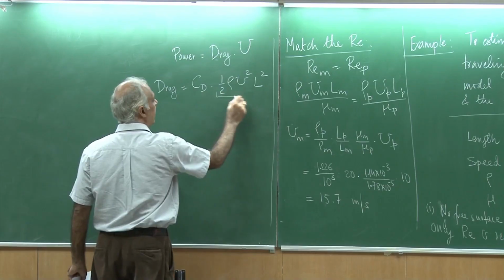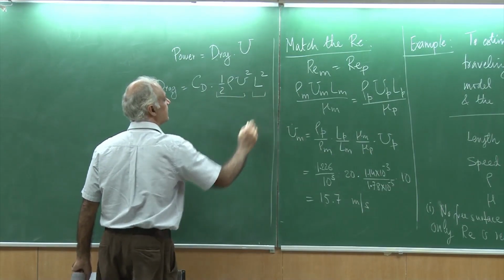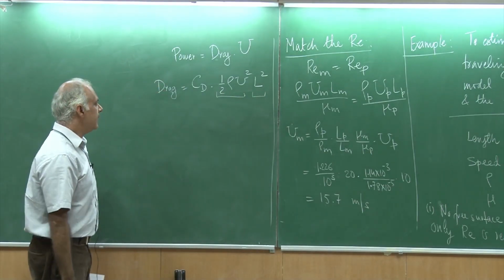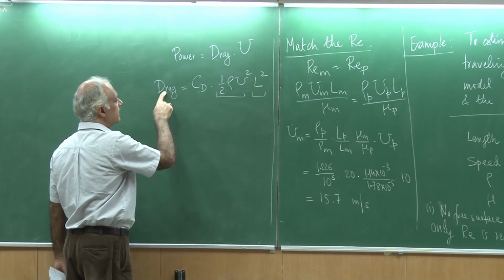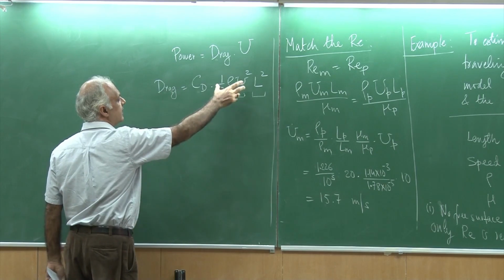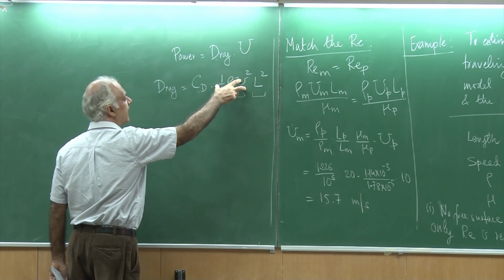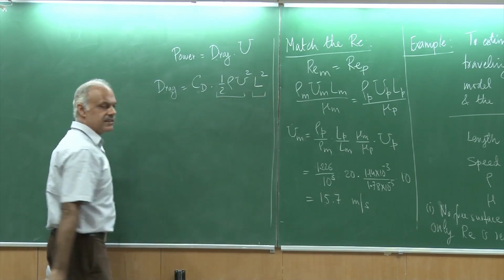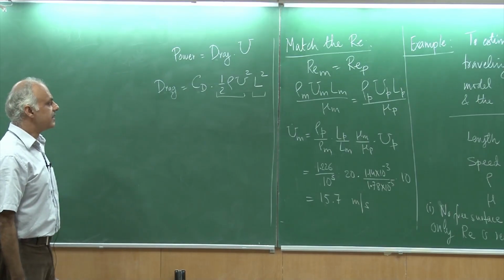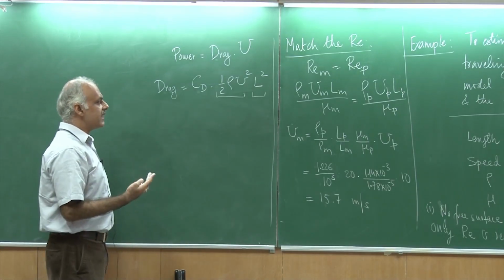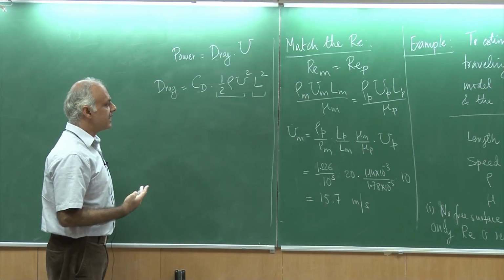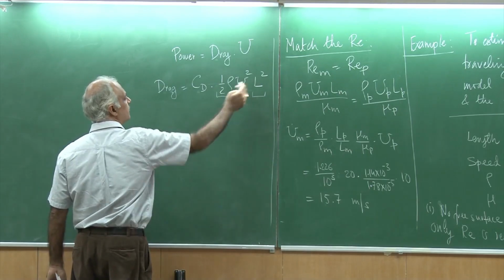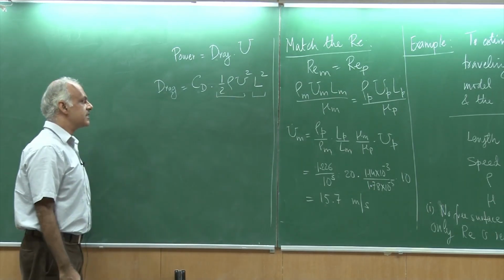So this is my dynamic pressure and this is my area. Okay. So CD is a non-dimensional quantity, drag is in Newton, so I have non-dimensionalized it with a dynamic pressure and then a quantity which is area. This could have been an area related to the cross-section area, the surface area, the projected area, but I have just used an area here which is L square.